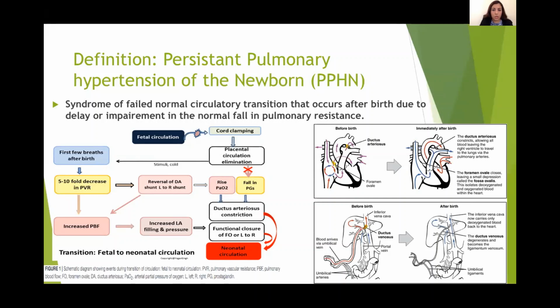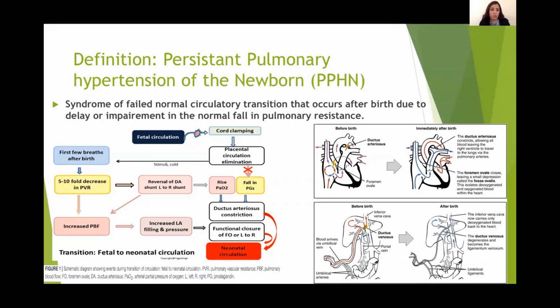After birth, we have the cord clamping, the placental circulation stops, and we have an immediate fall in the circulating prostaglandin level. The baby will cry and take the first few breaths, and we will have immediately a 5 to 10-fold decrease in the pulmonary vascular resistance.